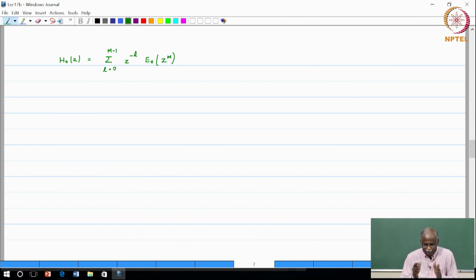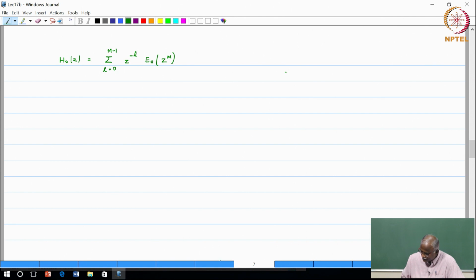So, H naught of Z, again going back to the polyphase decomposition, write it down in the polyphase form: summation L equal to 0 to M minus 1, Z power minus L E L of Z power M. An important point that we want to make is that previously we got the shifted versions in the following form.